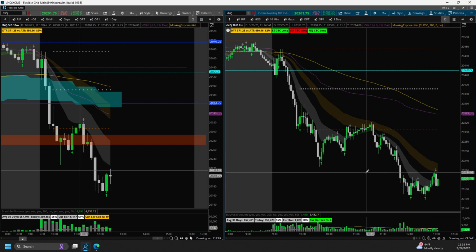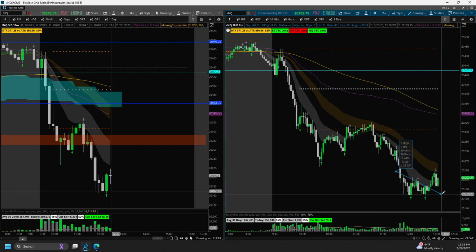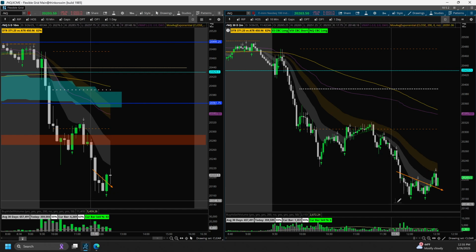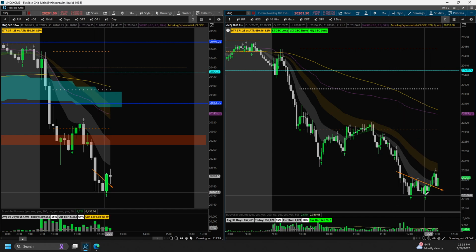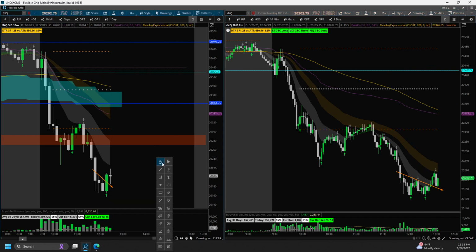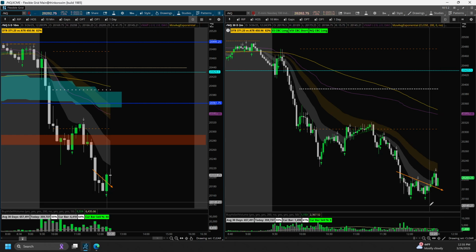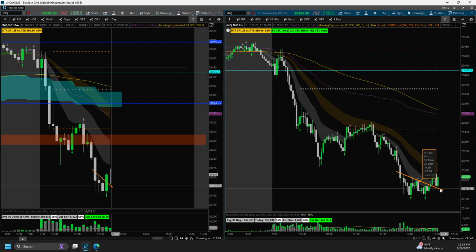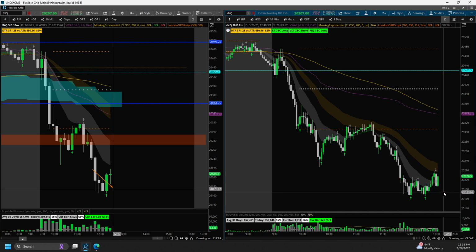But there are also times where I've gotten burned because it just didn't make a low on that candle, but it's going to. If I got long on this candle here, it's not that probable. It works sometimes, but not always.